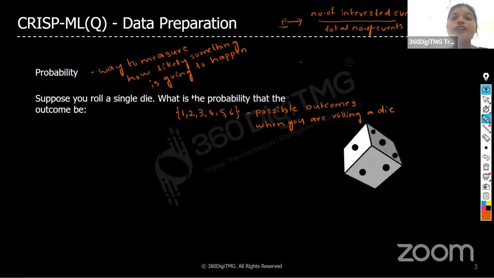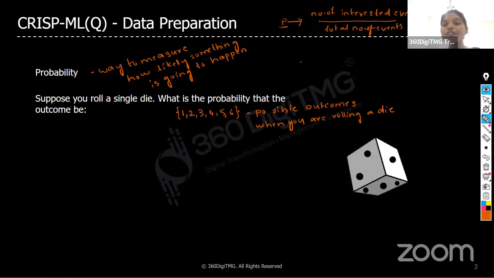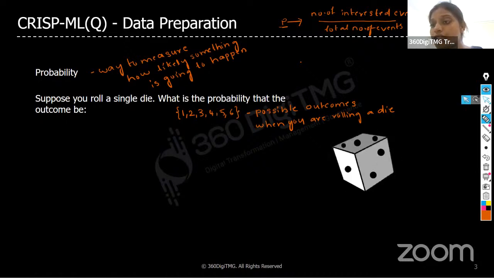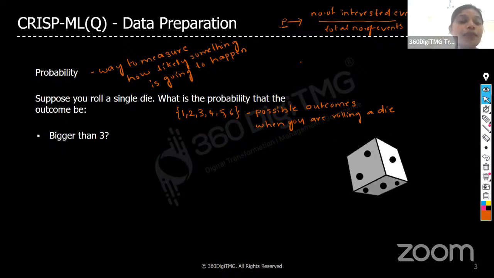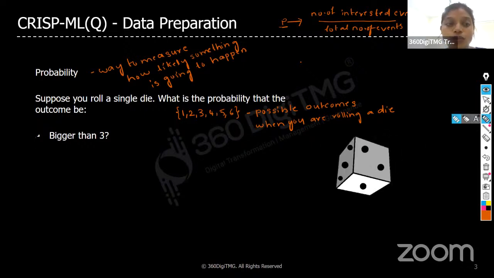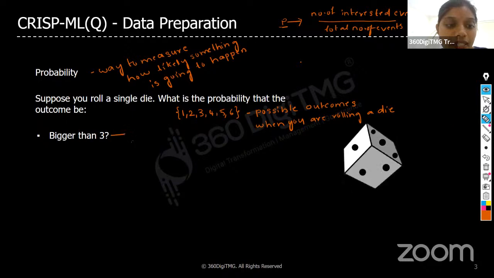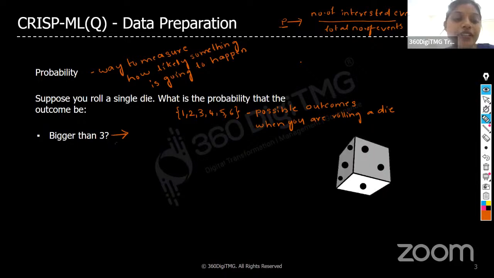Okay, fine. Now we have to find the probability. How can I find it? There are a few questions given here. First, what is the probability that the outcome is bigger than 3? We have all the possible outcomes here.